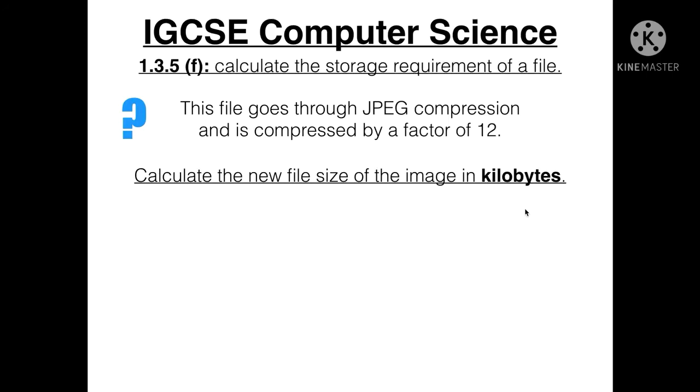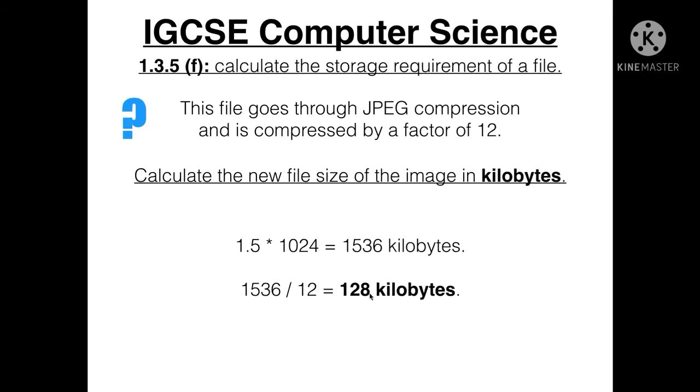But no, you have to be careful about what they say, and it will follow what they say. So let's convert it to kilobytes right now. So 1.5 megabytes that we had last time times 1,024 gives us 1,536 kilobytes. Then we can compress it by a factor of 12 by dividing it by 12, and we get 128 kilobytes. Nice.